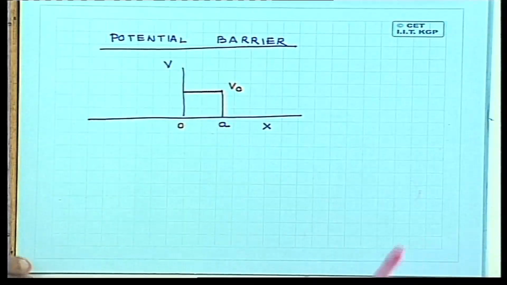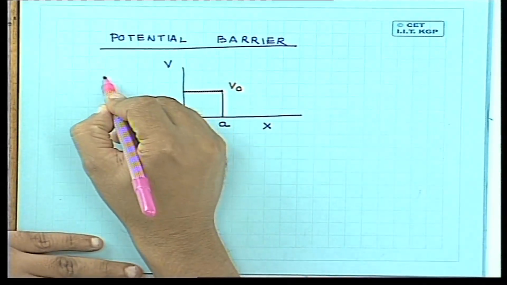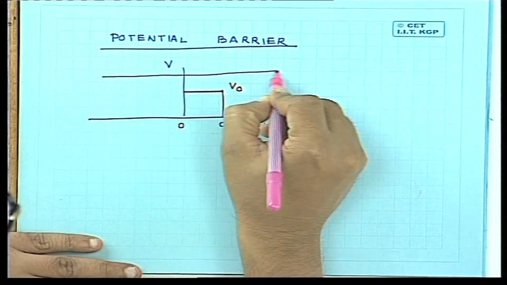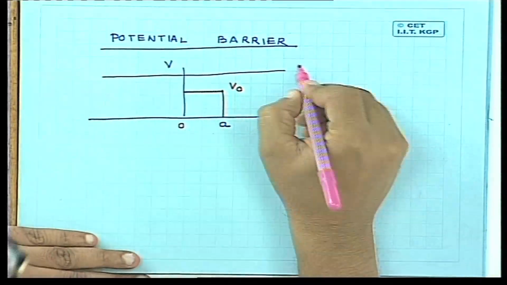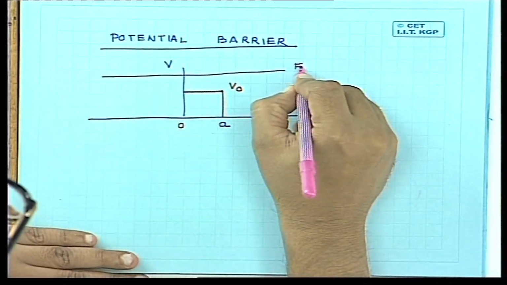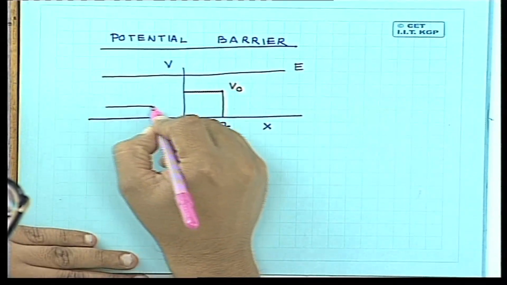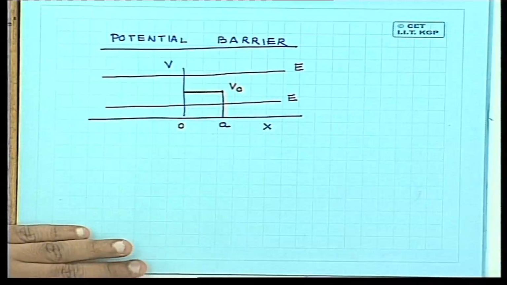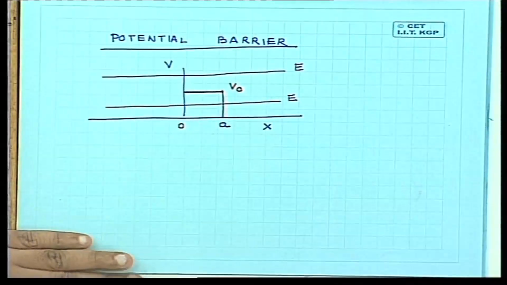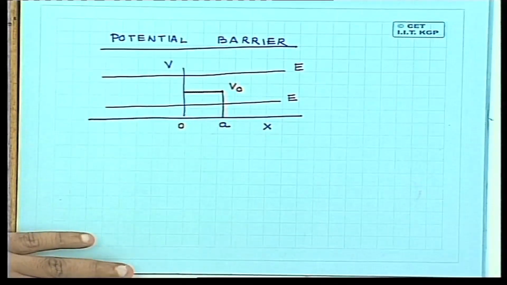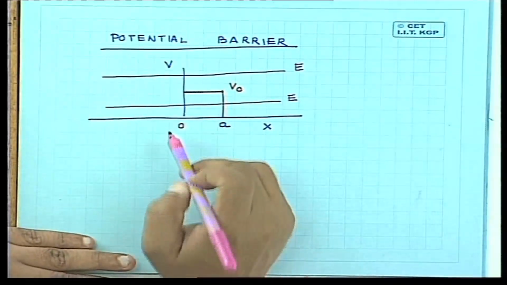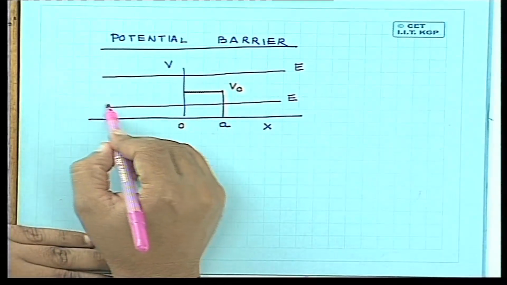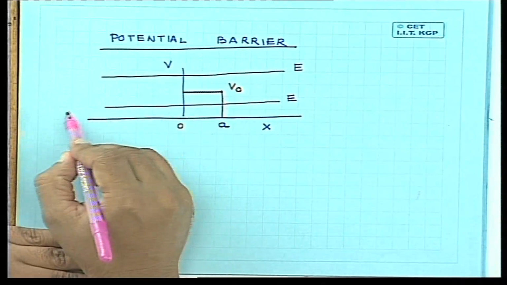And we could have two situations. We could have a particle with energy more than the barrier energy, like this, or we could have a particle with energy less than the potential barrier. There are two possibilities. Classically, a particle with energy less than the potential barrier incident from the left hand side would come here and get reflected.